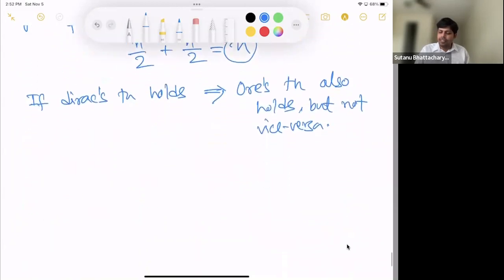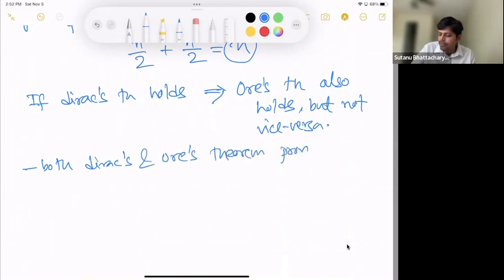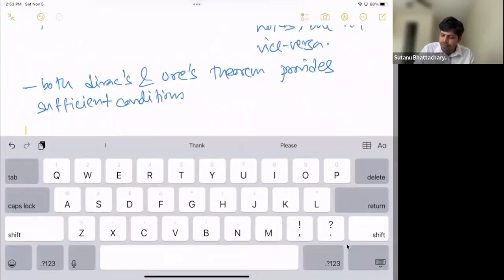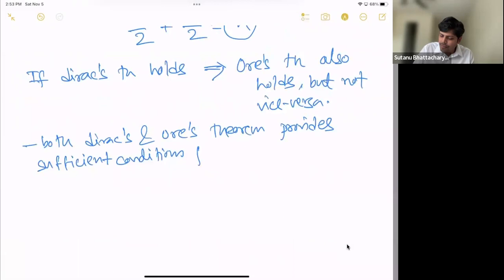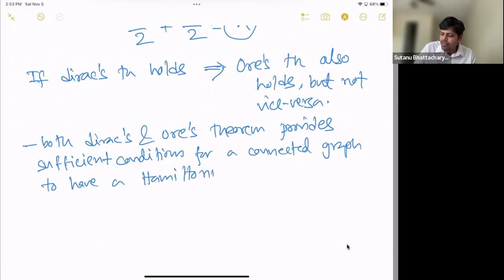So they provide a sufficient condition. Both Dirac's and Ore's theorem provide sufficient conditions for a connected graph to have a Hamiltonian circuit.